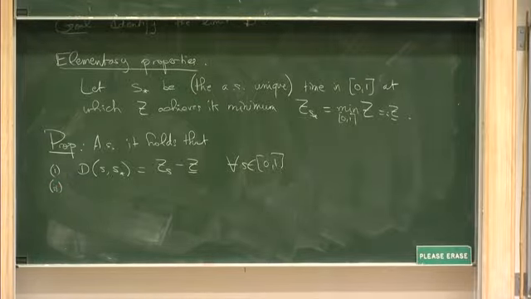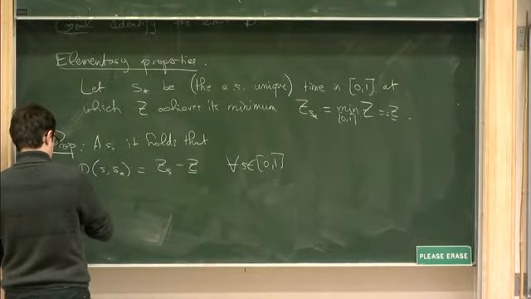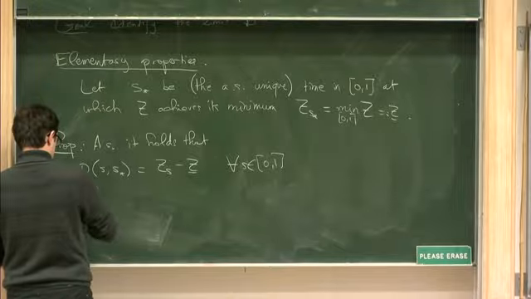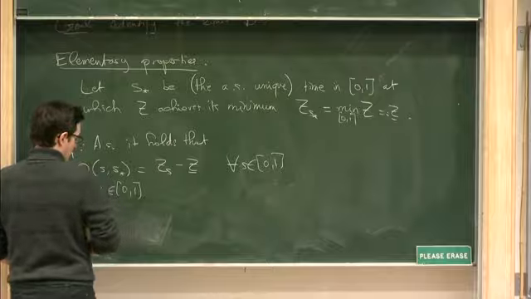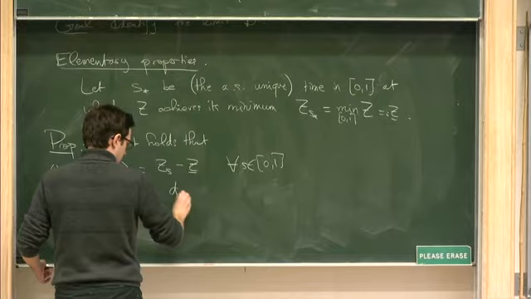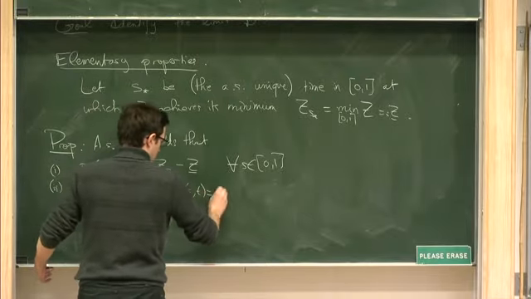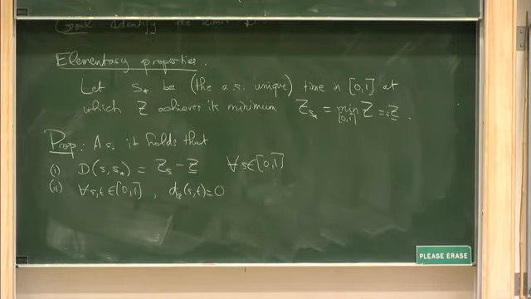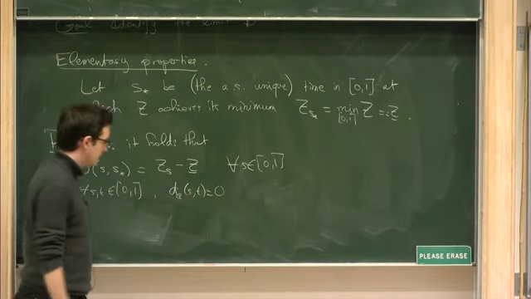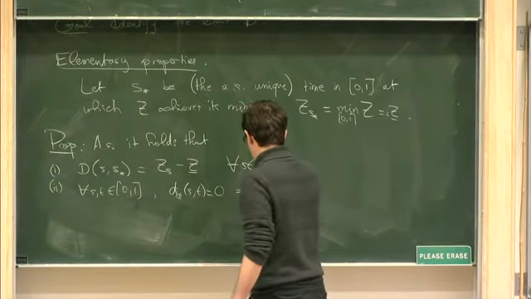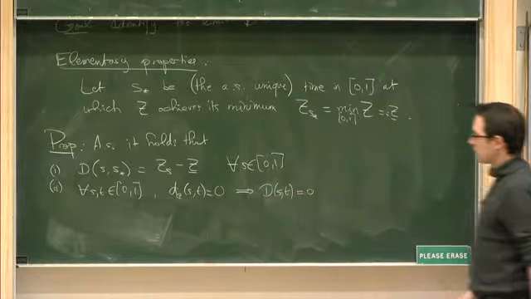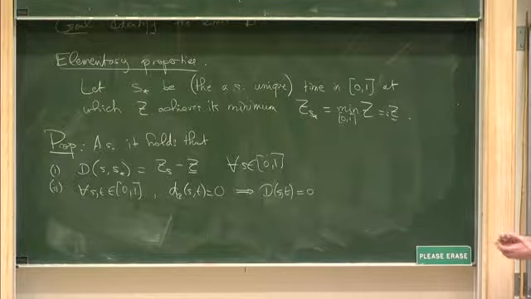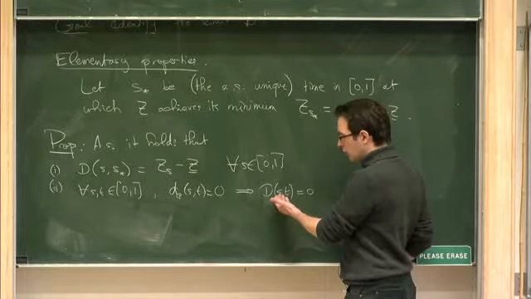Property 2 is that for every s, t in [0,1], let us suppose that s and t actually encode the same point in the Brownian tree, that is, the d_e distance between s and t is 0. Then the claim is that this implies that the distance for D is equal to 0 as well. So points identified in the Brownian tree are also identified in D.